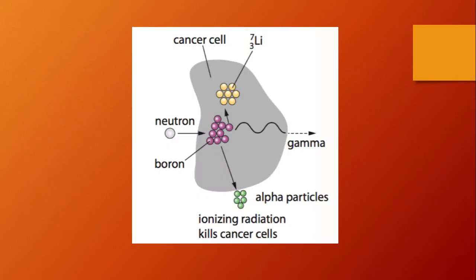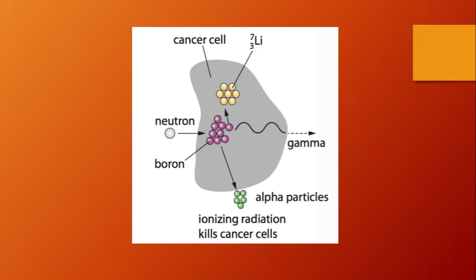So here is an example of this boron neutron capture therapy, where we have a cancer cell near the brain, for example. It takes up the boron that is pictured in purple.